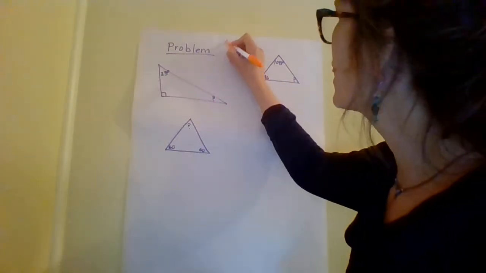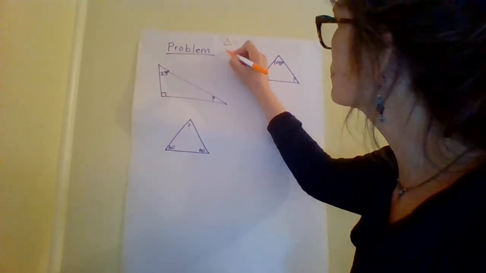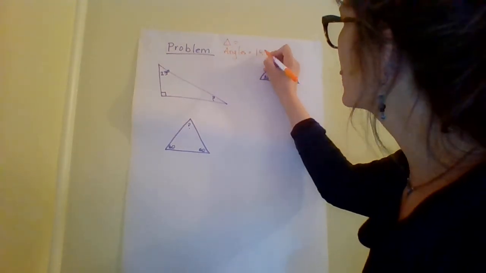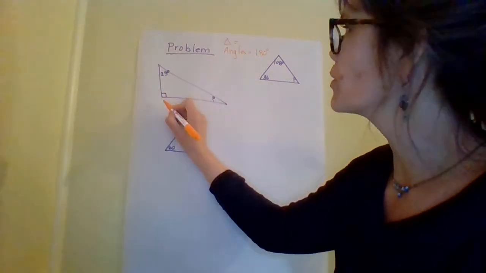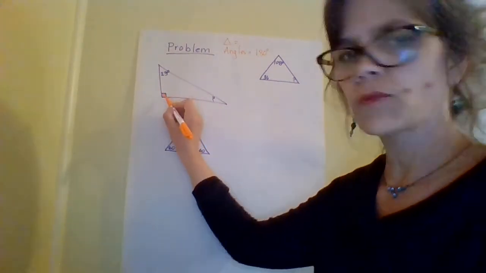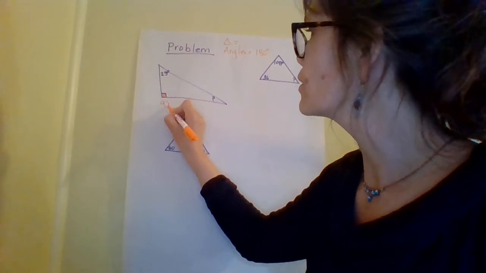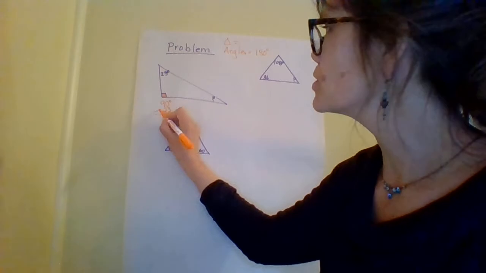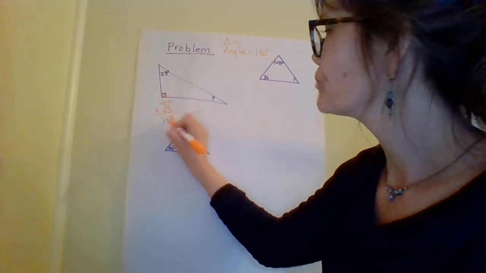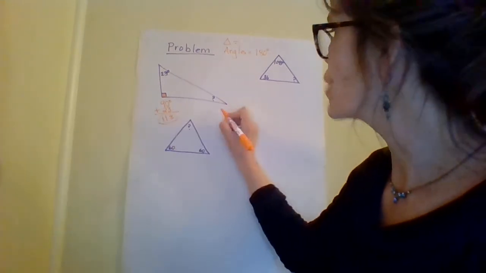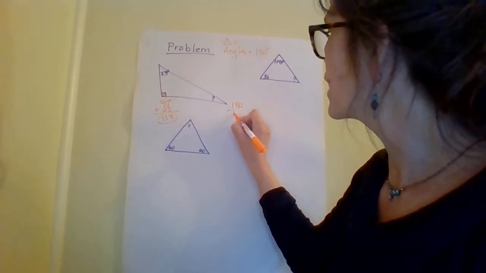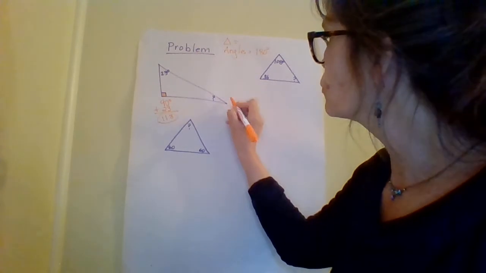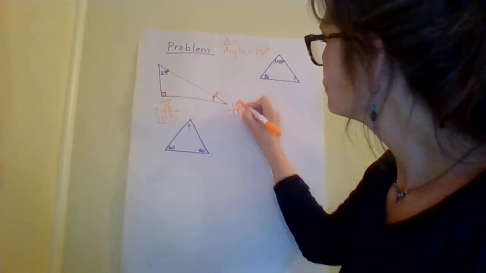If we know that the angles in a triangle always add up to 180 degrees, then what you can do here, sometimes you'll get a little box, and we know that box means 90 degrees. So sometimes you get a box plus a measurement, and you can add them together, and then subtract them from 180, 113, and that will tell you the measurement for the missing angle.